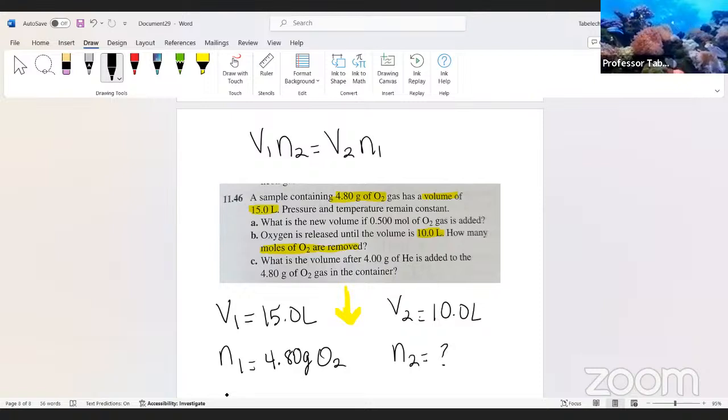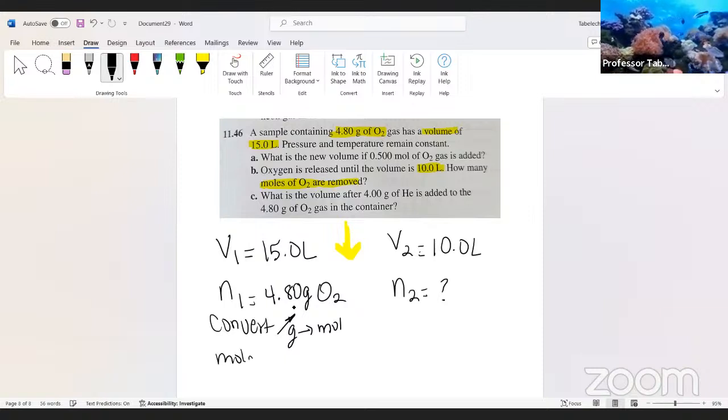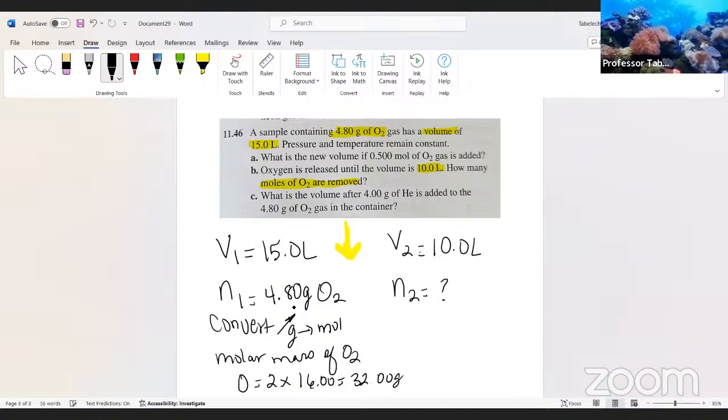The amount will drop. What you have to keep in mind is that since this is all about moles, you've got to convert these grams here to moles. So you have to look at your periodic table and find the molar mass of oxygen. Since I have two of those times 16.00, that's equal to 32.00 grams per mole, okay?